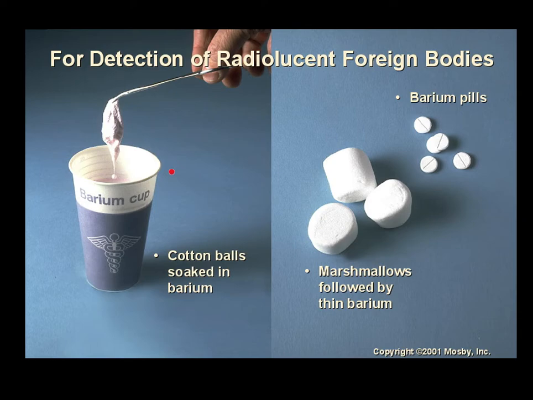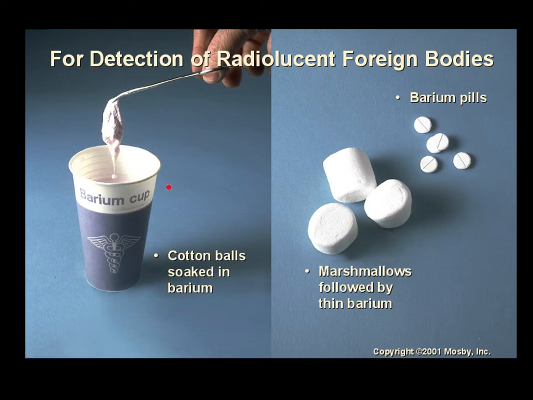Radiolucent foreign bodies, you can use, I know that they've done before, they don't do it necessarily anymore, cotton balls soaked in barium. Usually you're using barium pills. You may use different densities of food for a swallow function.